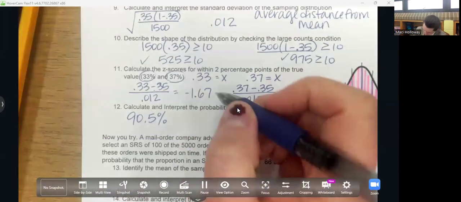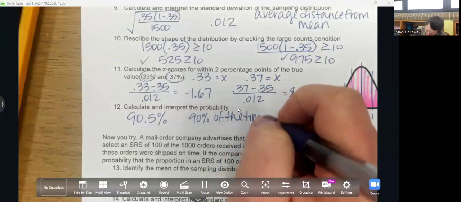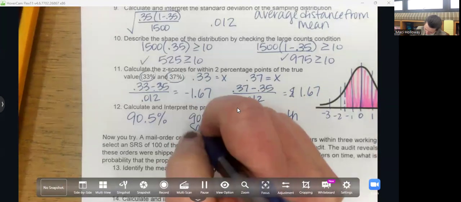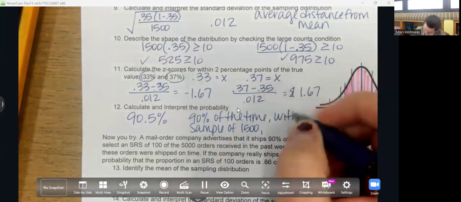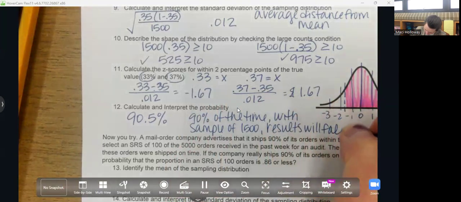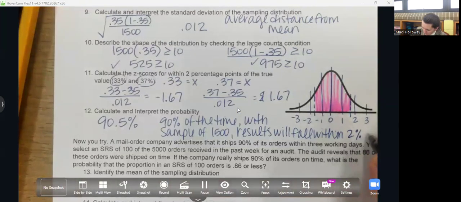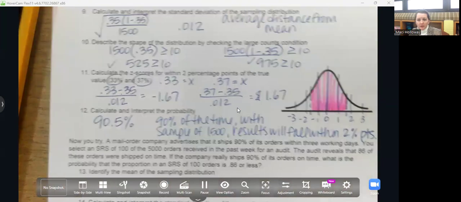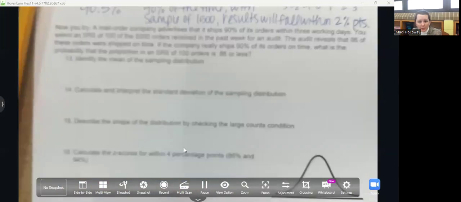So 90% of the time, within 2 percentage points.